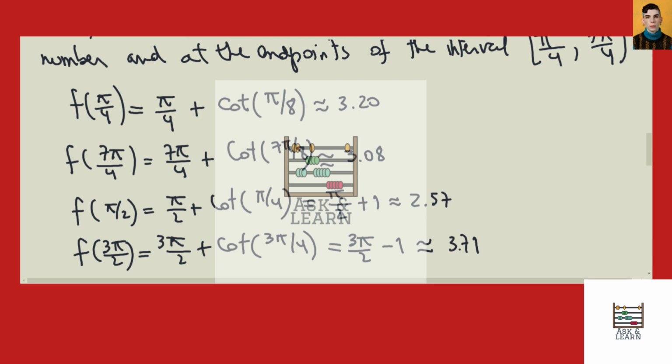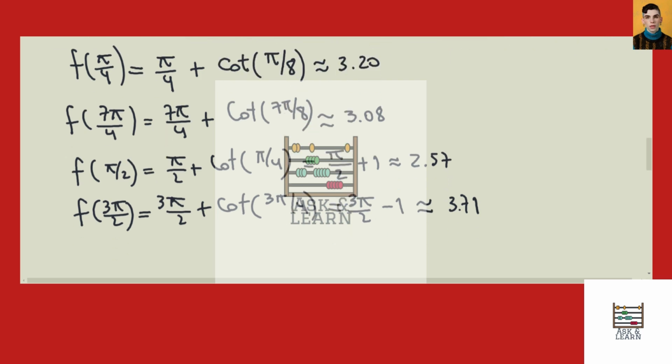And so the largest value will be the absolute maximum value of the function over the interval. The largest value here is this one, so this is the absolute maximum value of the function. That is exactly 3 pi half minus 1, and is attained at the critical number 3 pi half.